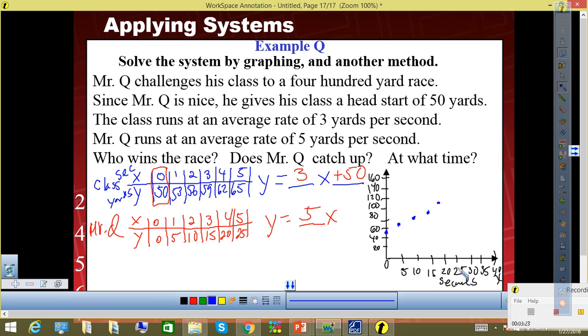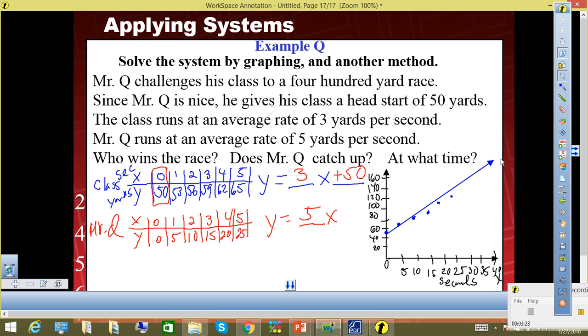How about 25? 25 times 3, that's 75, plus 50, that's 125. Graph your line. I'm going to do that in blue. Nice and straight like mine.